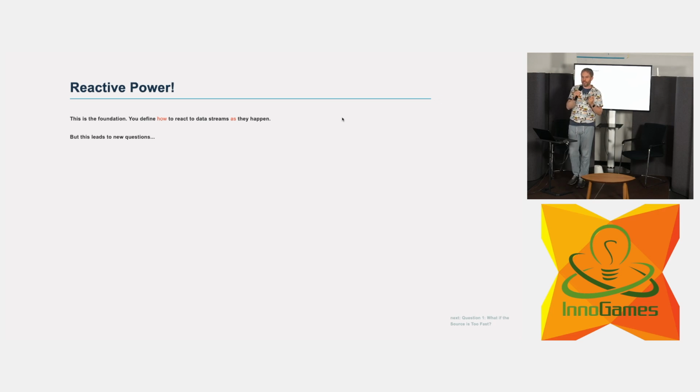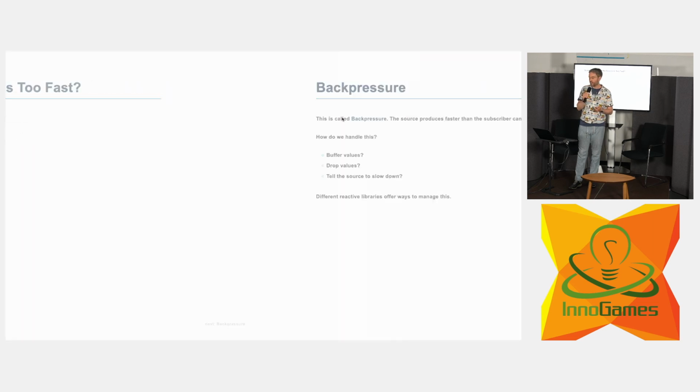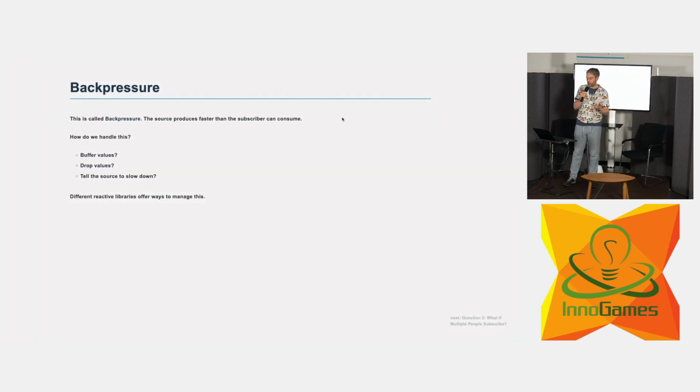The first question you are having is, what if the source is too fast? Imagine a stream of mouse movements or something that is really fast, and you are very slow in your computationally expensive operation, like drawing to the screen. I want to give you the terminology from literature here: this behavior is called back pressure.